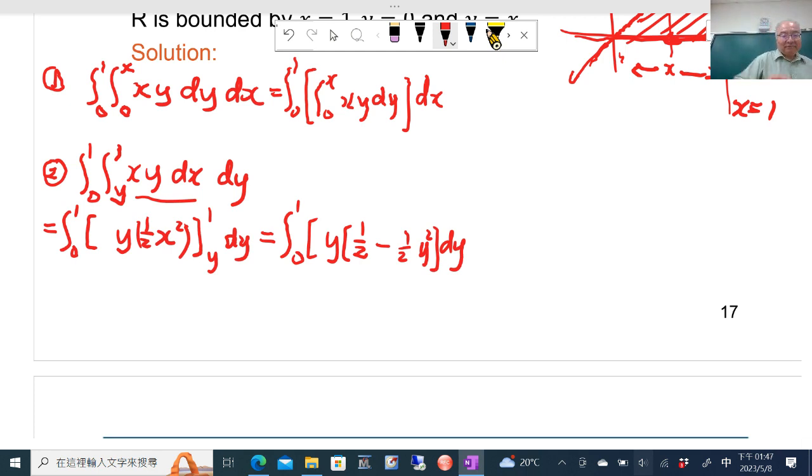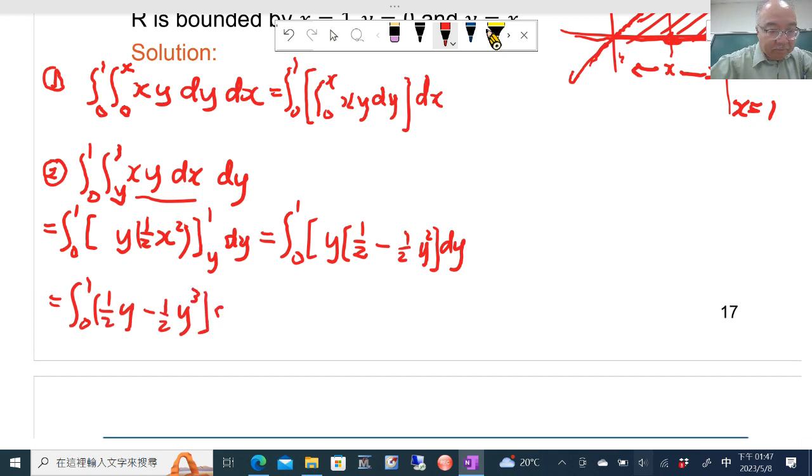Right? Okay, so then we do one more time. 0 to 1, 1/2 of y, that's the first term, minus 1/2 of y to the power of 3 dy, right? After simplify. Okay. Now, 1/2 of y.